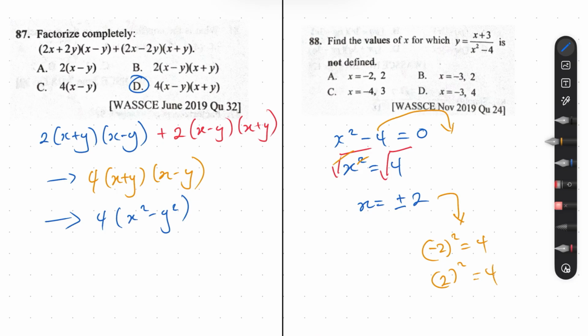So the square root of 4 is the same as positive or negative 2. That's our answer, so our answer will be A.